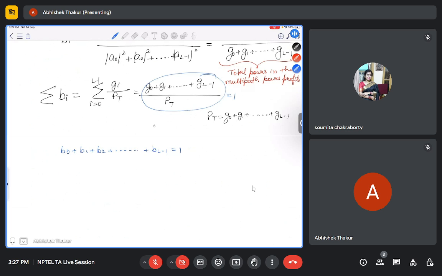Now we have to first find the average delay, then we will find the RMS delay. The average delay, let's denote by tau bar, is given as B naught tau naught plus B1 tau 1 plus up to B of L minus 1 tau of L minus 1. So this is equal to summation of i equal to 0 to L minus 1 of Bi tau i.